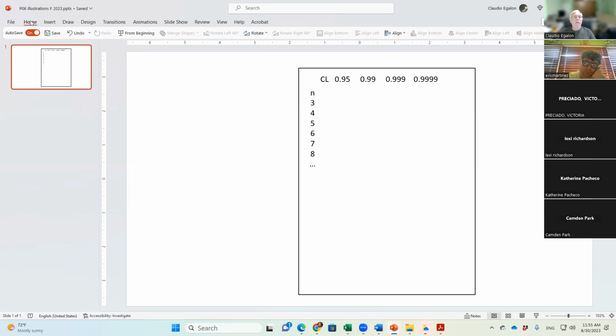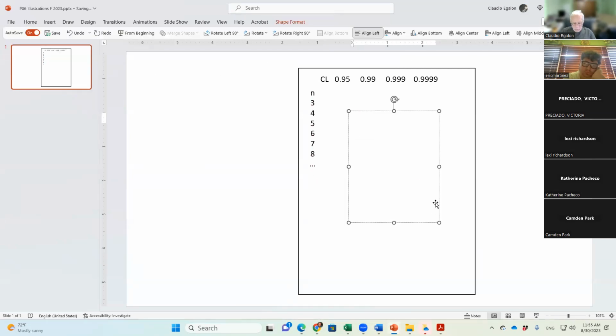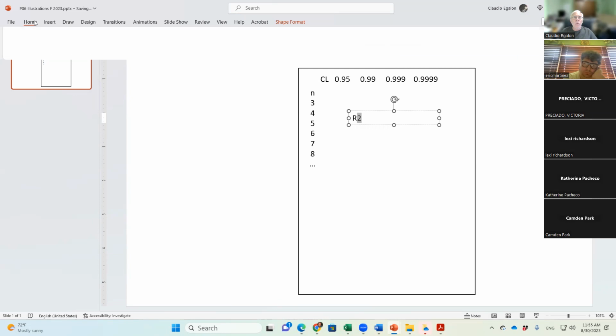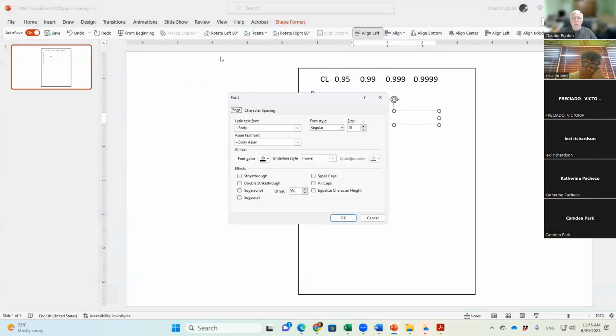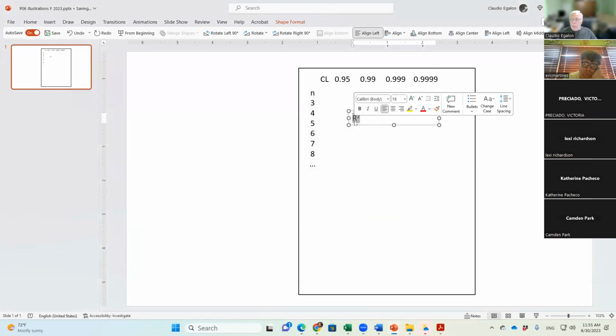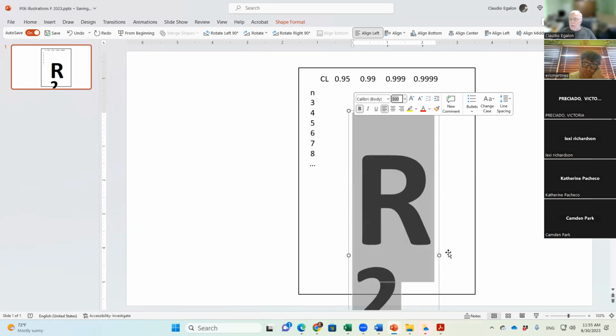And what else we have? We have the R square value here. I'm going to increase the size of this R square.